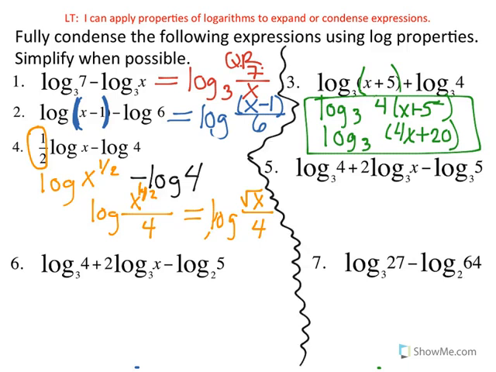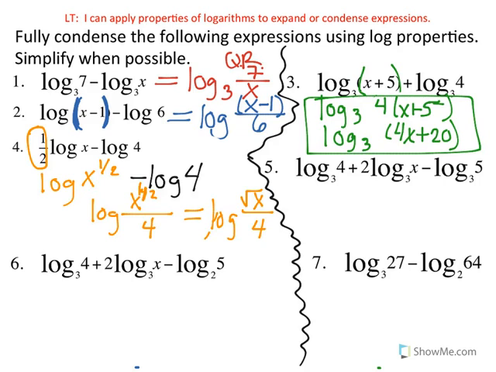Number 5 looks like there's a lot going on, and there is, but don't let that freak you out. Read it out loud and then talk about what you hear yourself saying. Log base 3 of 4 plus 2 log base 3 of x minus log base 3 of 5.